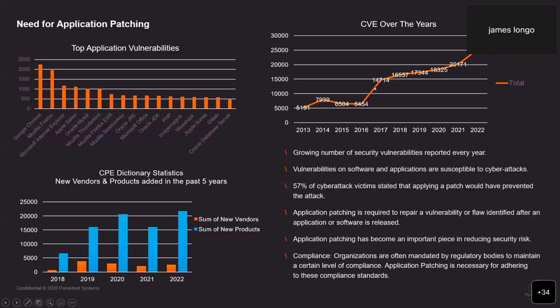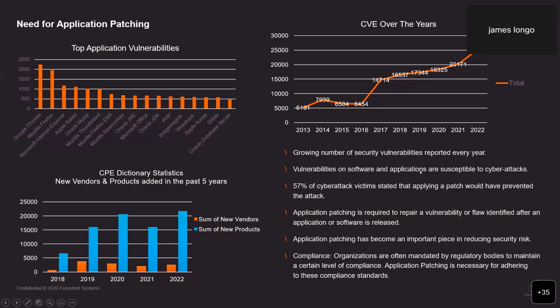We've actually doubled in the number of CVEs in 1 year. And it continues to climb. And then from 21 to 22, it went up 5,000. And so I imagine as AI enters infrastructures and environments that this is just going to keep climbing higher and higher. So a growing number of security vulnerabilities are reported every year.